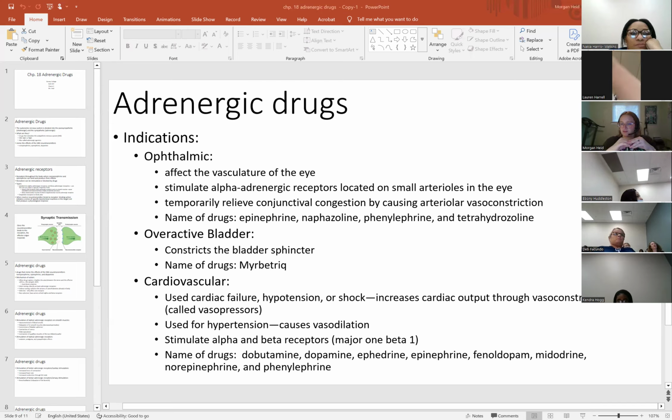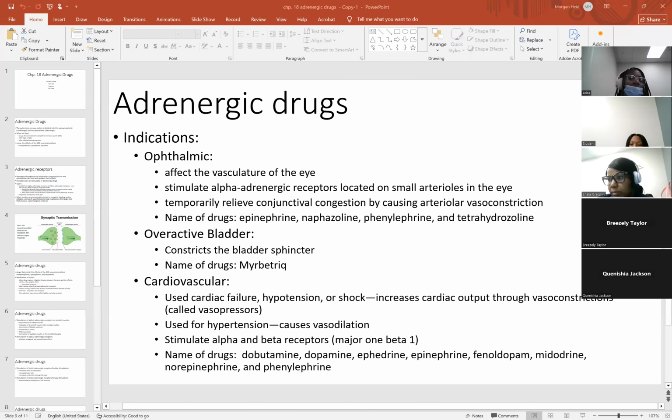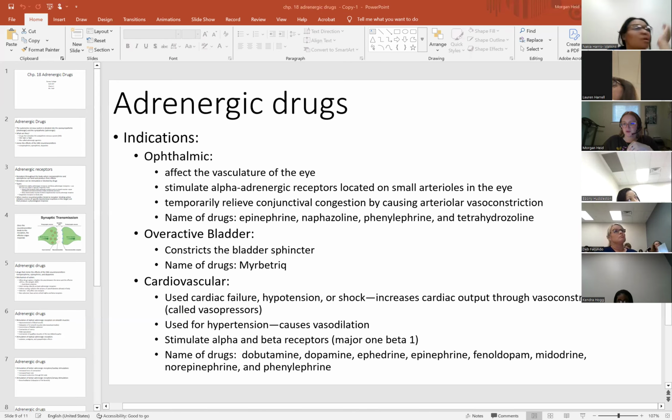Do you remember this? Are we still in chapter 18? Now we're on chapter 19. Your screen is not showing 19. It says I'm screen sharing. What does it show on my screen? Chapter 18 still? Yes, it's still on adrenergic drug.